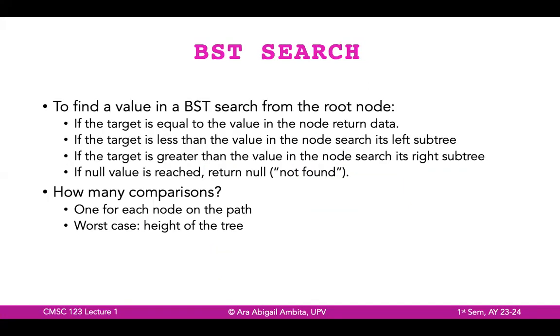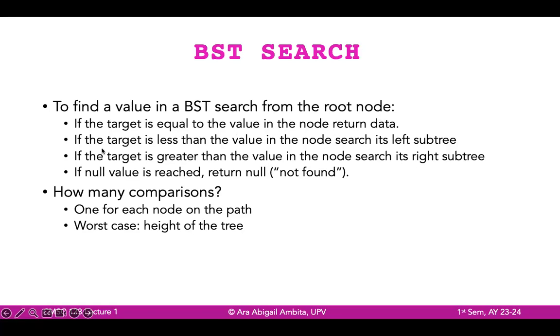Now let us discuss how we can perform searching in a binary search tree. To find a value in a binary search tree from the root node, these are the conditions that we have to check. If the key value or the target that we are looking for is equal to the value in the node, then we return the data.